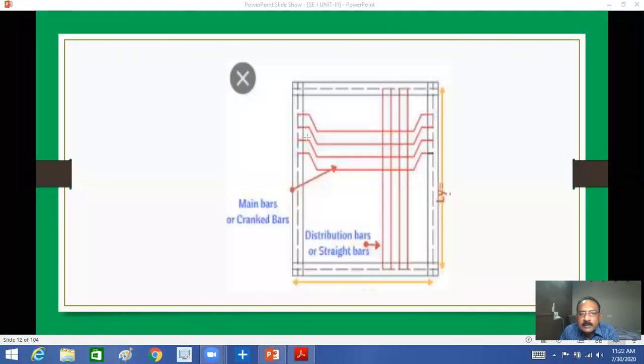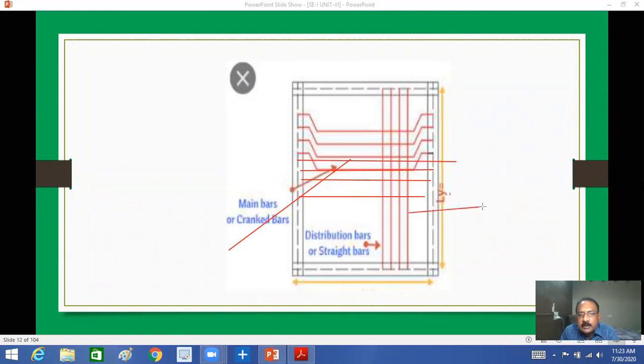Here one is straight, here not shown. Next one is alternately bent. One is straight, one is bent alternately, like this. These are main bars, bent and straight.